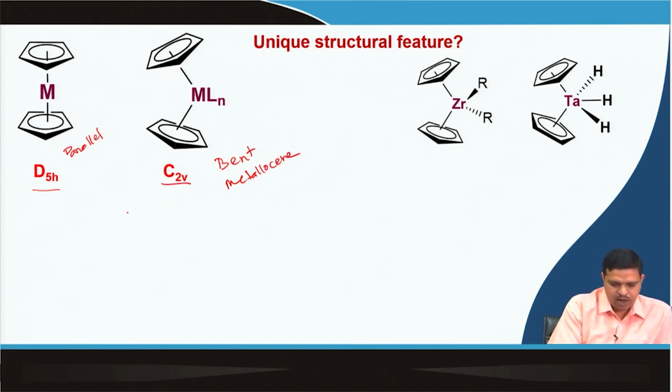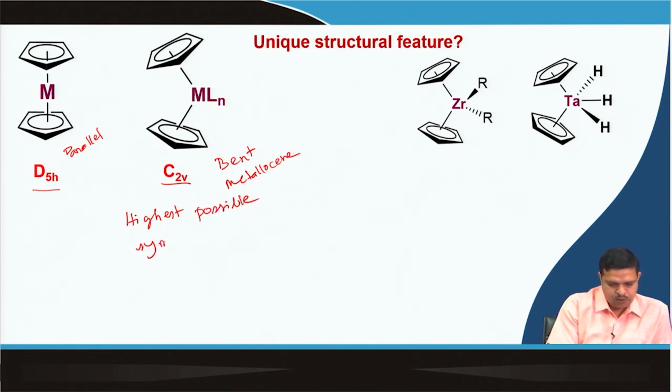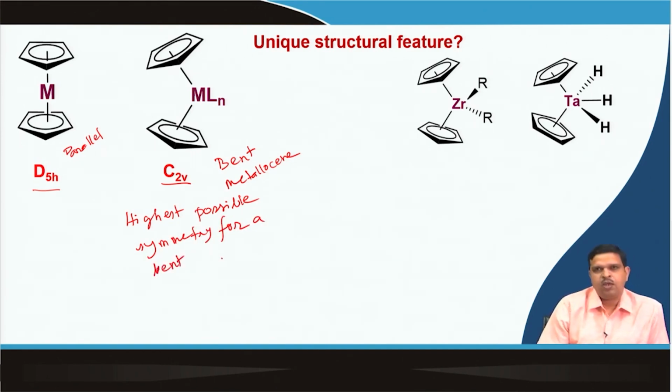C2v is actually the highest possible symmetry for a bent metallocene. So, we will try to understand the MOs with the most symmetric bent metallocene system.